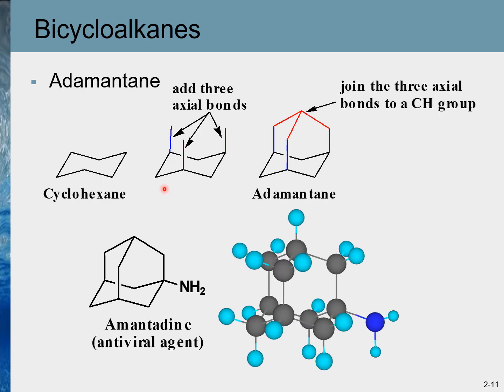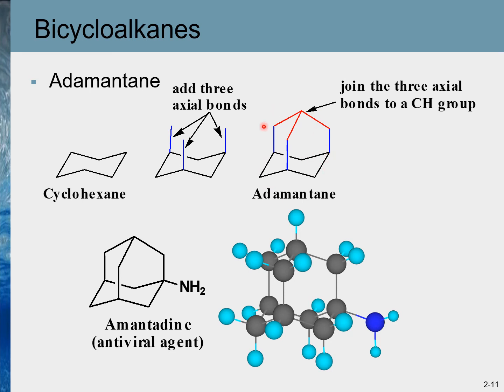Another example of a carbon skeleton contains several 6-membered rings, all of which are locked into chair conformation. A chair conformation of cyclohexane is shown here, and if we draw three axial bonds, and all of these axial bonds are connected with a common CH group here, so now this bridge, or tri-bridge, I would say, locks this chair conformation in a permanent chair.